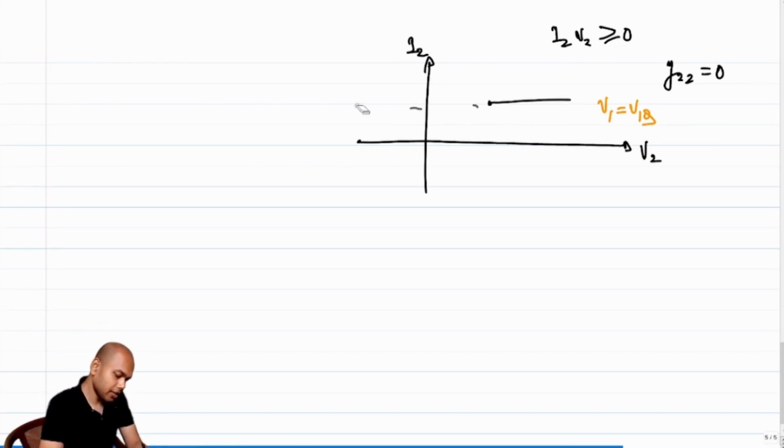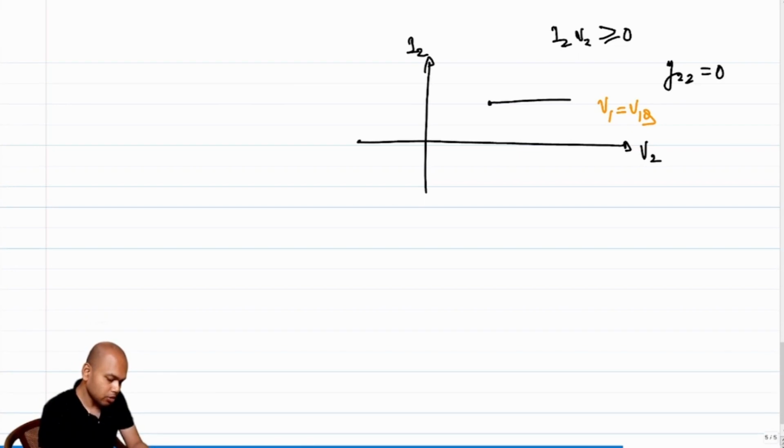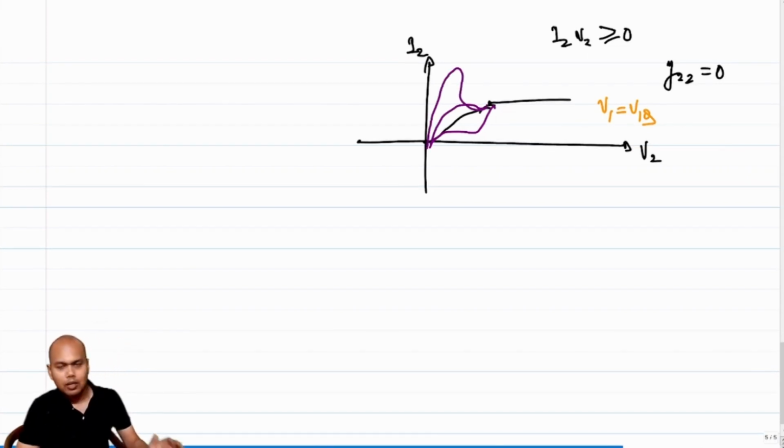So all this is saying is you might have a flat region of I2 and V2 somewhere in between some range of I2 and V2, but ultimately this guy has to drop, right? Ultimately this guy has to drop. Note that it doesn't say anything about how it's supposed to drop, right? It can drop like this, it can drop like this, it can be anything.